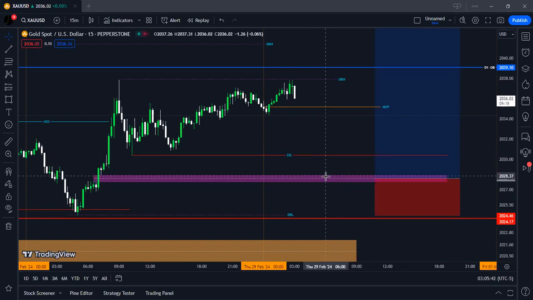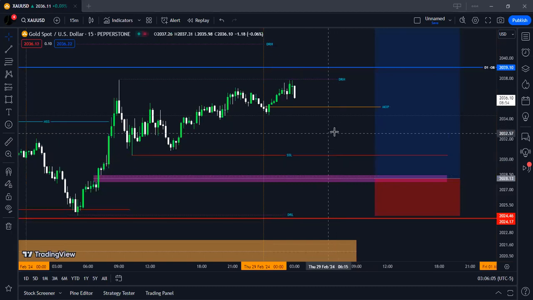So below the opening price, we have the low of the day, right? So we will hunt for buys below the opening price, in discount at these discount arrays.